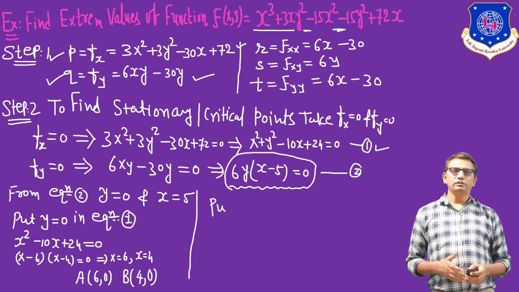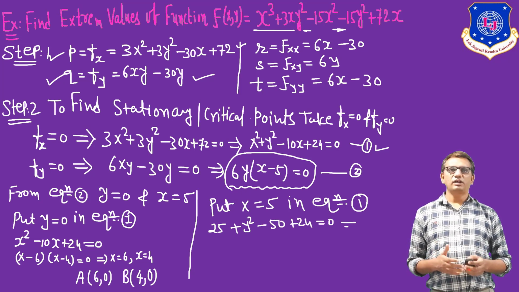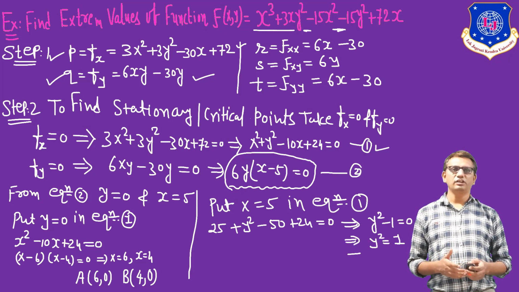Now we will use x equal to 5, because x minus 5 is also 0 from equation number 2, and put x equal to 5 in equation number 1. We get 25 plus y square minus 50 plus 24 equal to 0. So y square equals 1, and we have y equal to plus or minus 1.